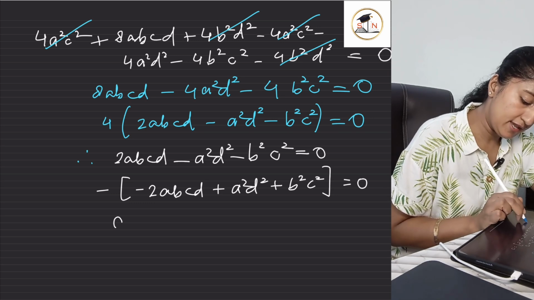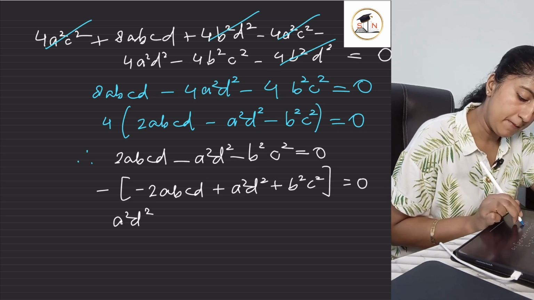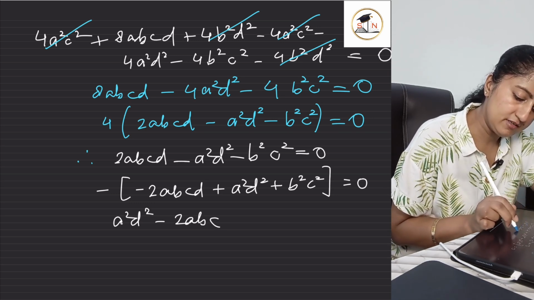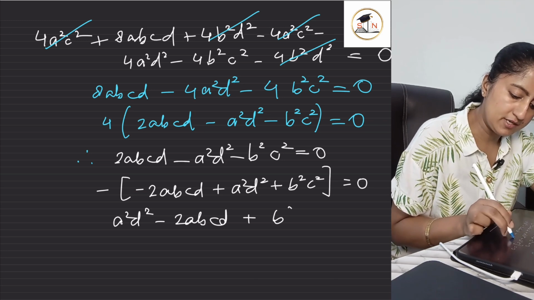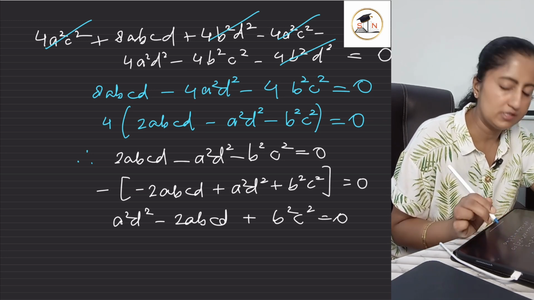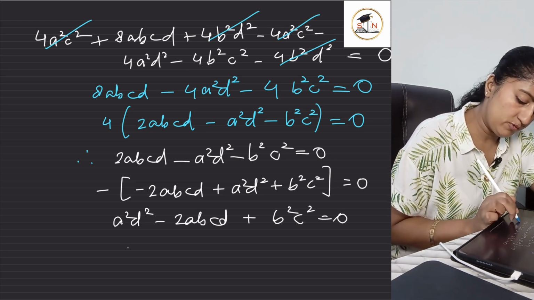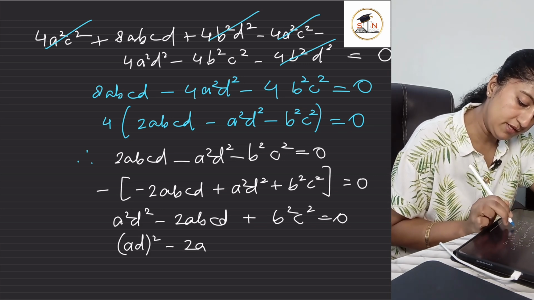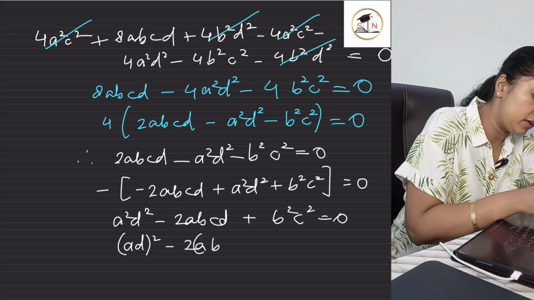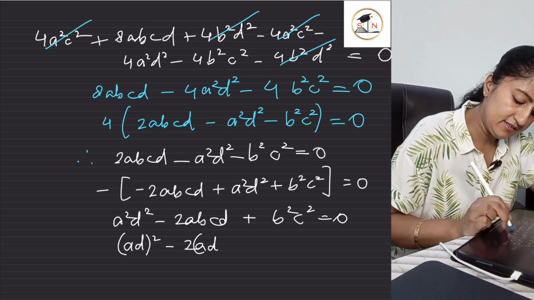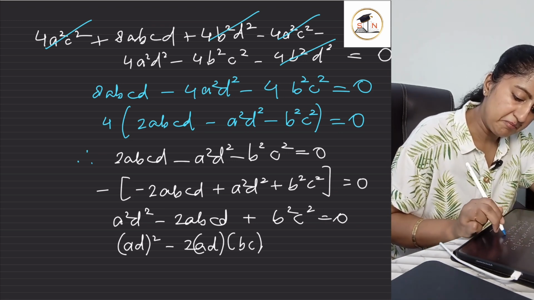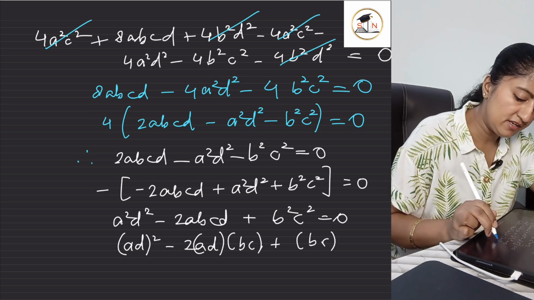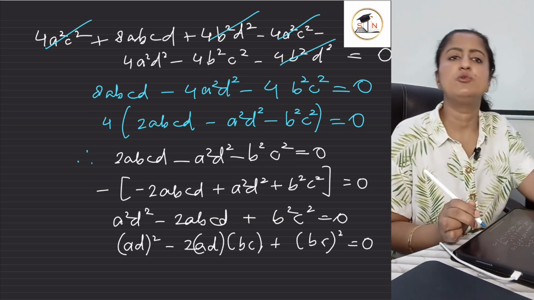So we get a square d square minus 2abcd plus b square c square equals 0. And see what I'm going to write now. AD whole square minus 2 AD BC plus BC whole square equals 0.